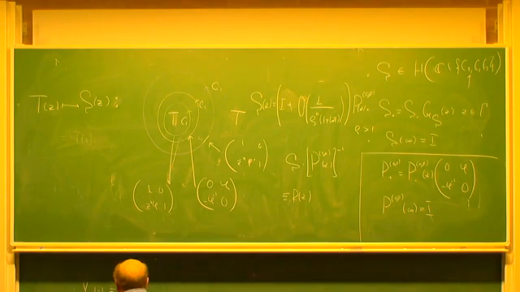If you trace everything back, you will see that this is O of rho to the minus n, and so now I'm going to use this in my formula.